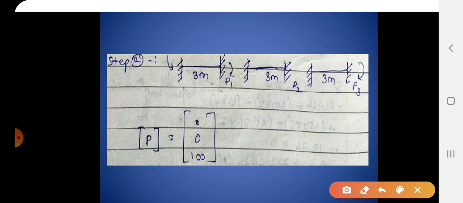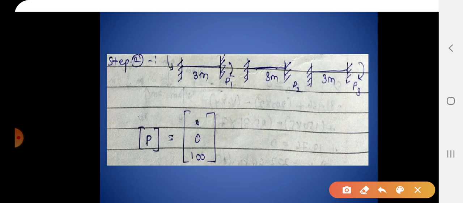Now step 2, to generate the P matrix. So what is P? P is the force required to produce unit displacement in the structure.